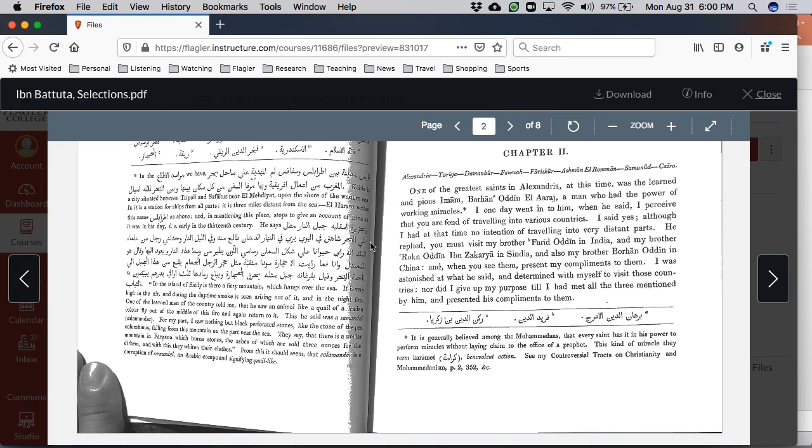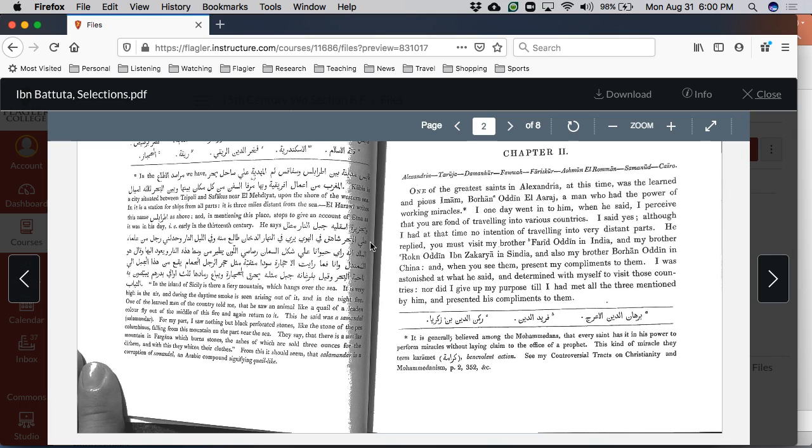"One of the greatest saints in Alexandria at this time was the learned and pious Imam Burhan-ud-Din al-Araj, a man who had the power of working miracles. One day I went into him when he said, 'I perceive that you are fond of traveling into various countries.' I said yes, although I had at that time no intention of traveling into very distant parts.